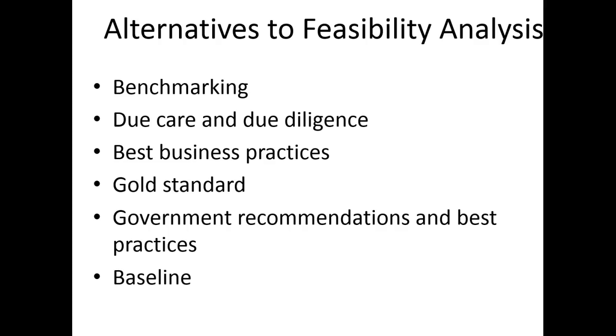Best practices are basically looking at the best practices in the industry and balancing the need to access information with adequate protection, and also looking at government recommendations and best practices to see if they could match your organization. Also looking at the baseline, comparing measured actual performance against an established standard for a measured category.